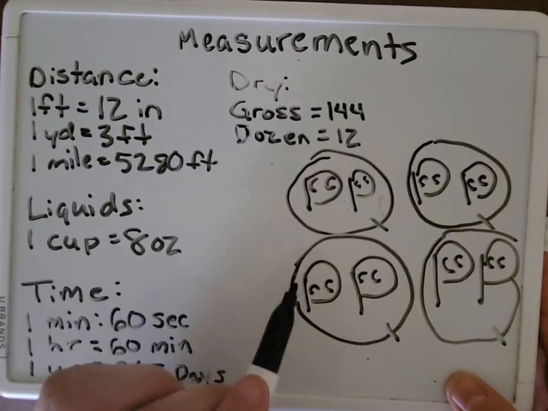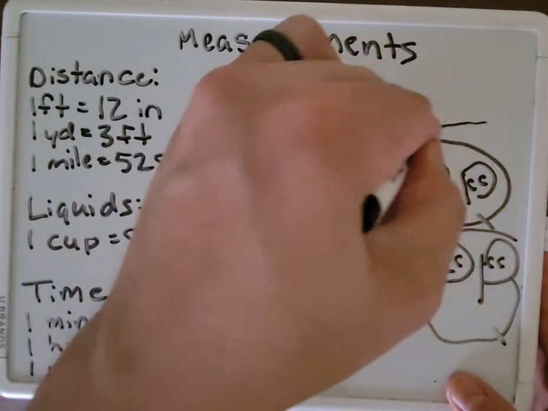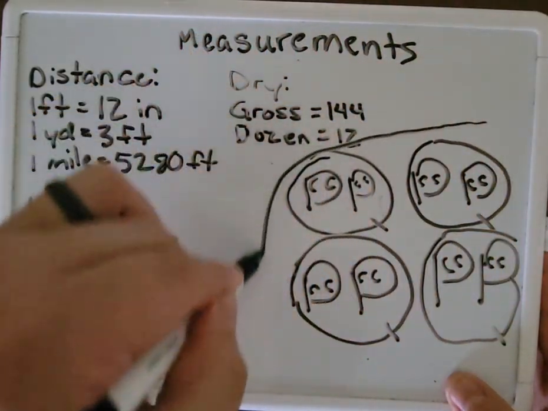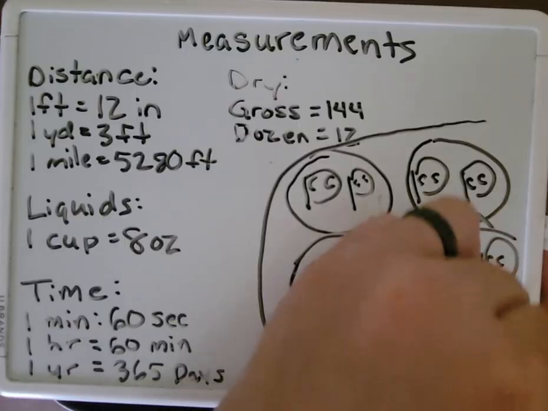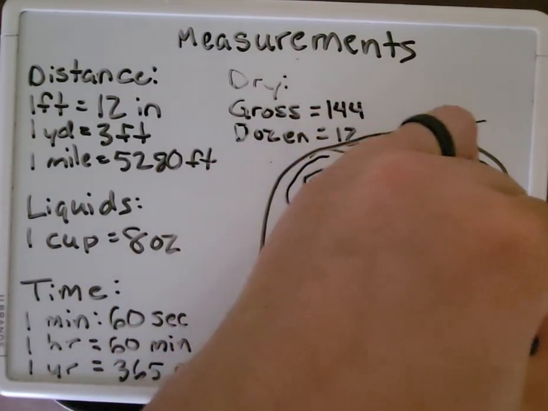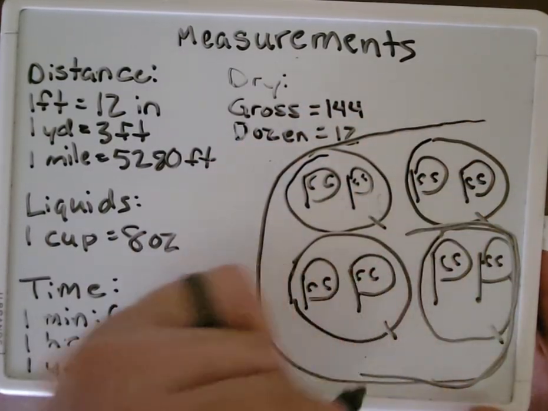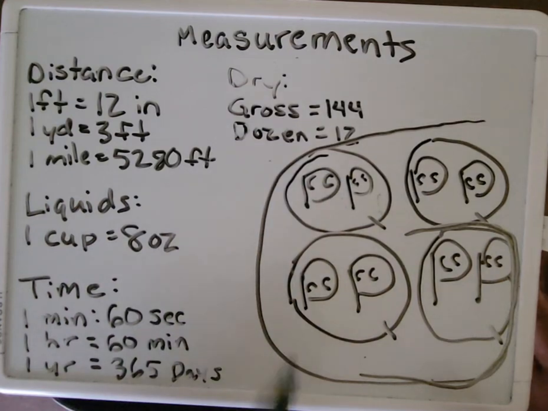And that leads to 4 in total, right? Now, inside these are inside the G.